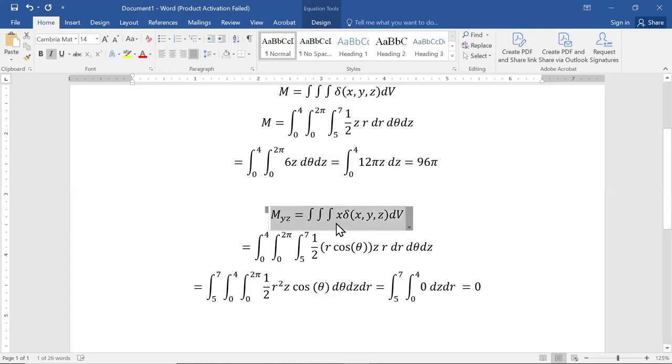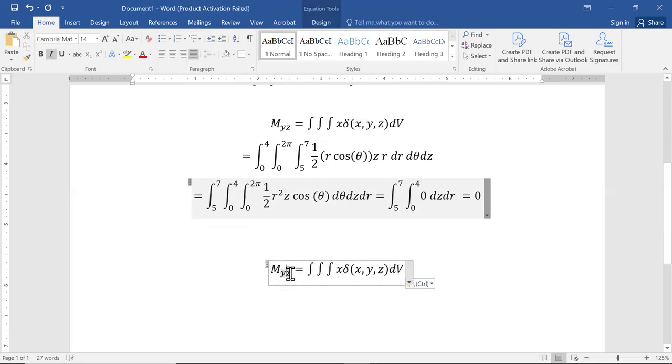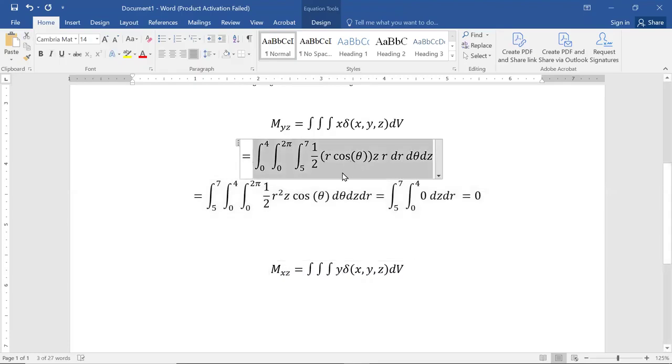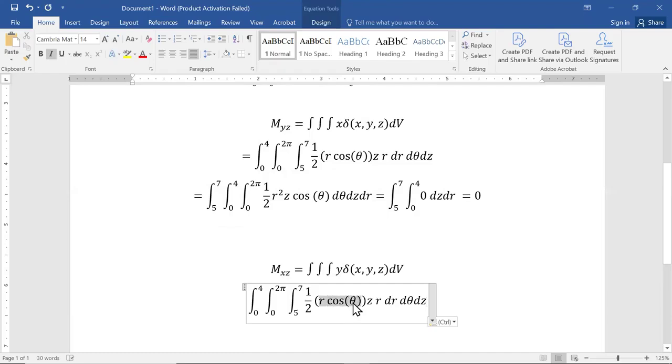Now let's look at the other moments. The moment from the xz plane is going to be similar. I'm going to take y times the density function, so y times 1/2 z.